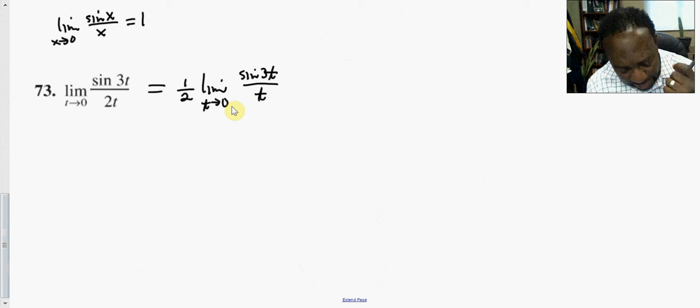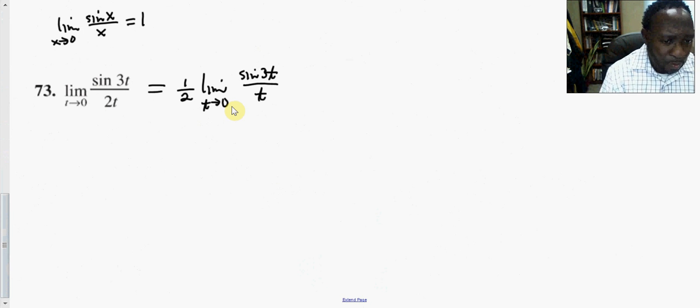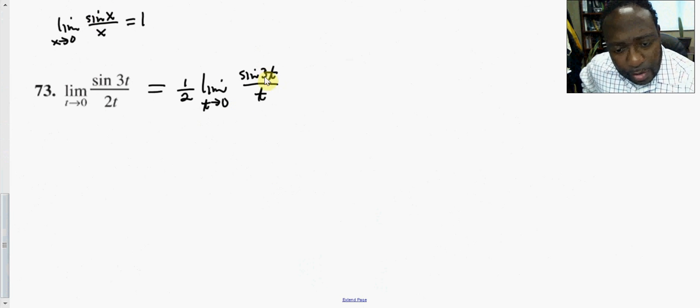So t is not static. t is moving, is changing. And because of that, we cannot touch it. We cannot manipulate it to put it in front of the limit. We're taking the limit of it. So this form here says that I got to have sine x over x. This is sine 3t over t.